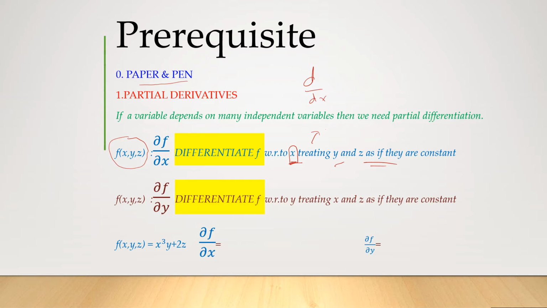Similarly, dou f by dou y means differentiate f with respect to y, treating x and z as if they are constant. An example may illuminate more clarity.